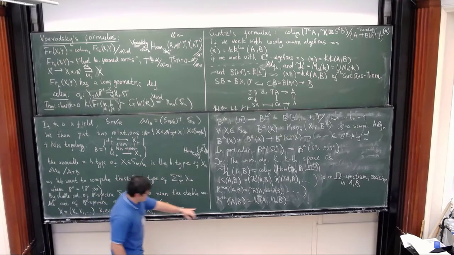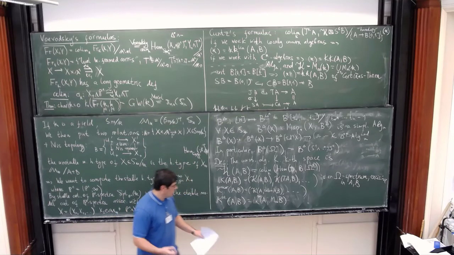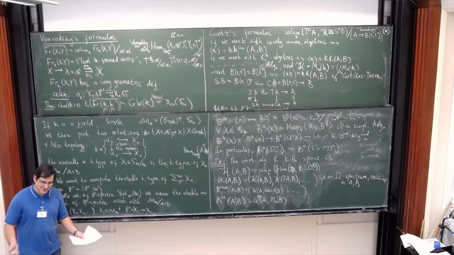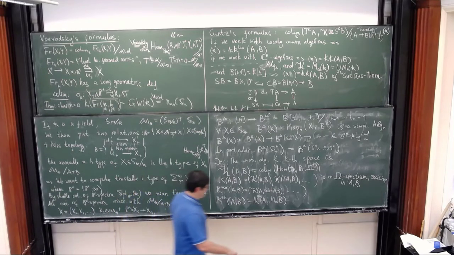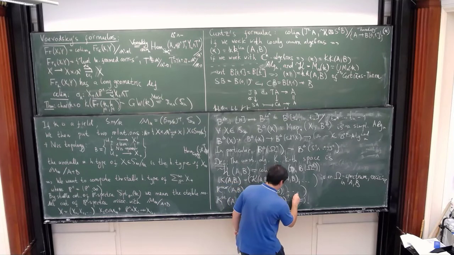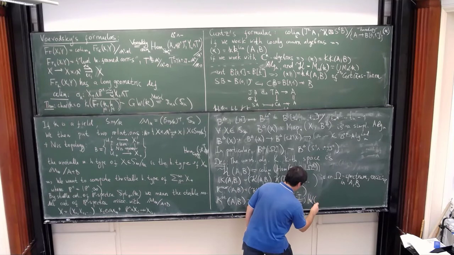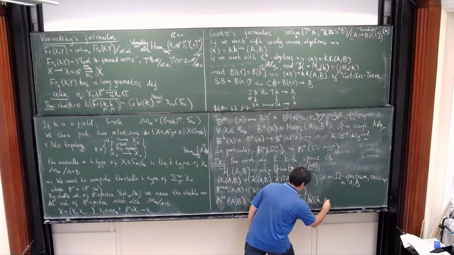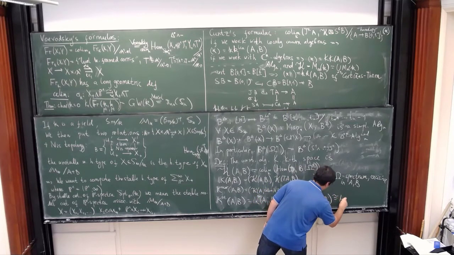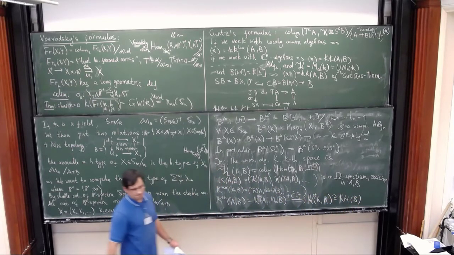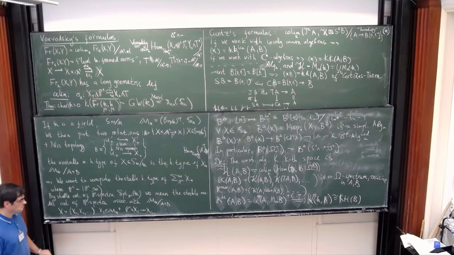And this is the stable one, and using an amazing computation of Cortinas-Thom, one can say that it follows from all this computation plus Cortinas-Thom that K stable of B is the spectrum KH of B, non-connective. It is KH of B.